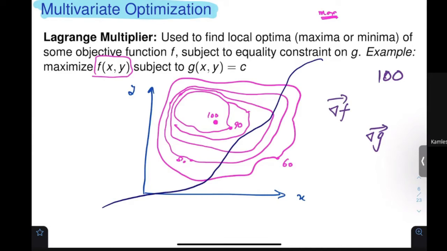Their values would not be the same, so if I multiply with some multiplying factor, maybe lambda, they are going to be the same. This is the condition. Makes sense? Yes or no?